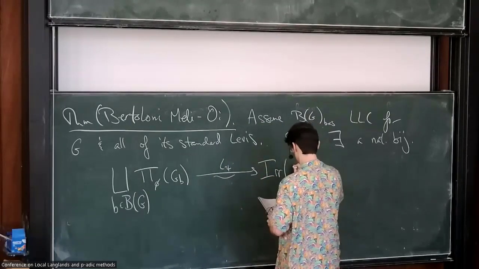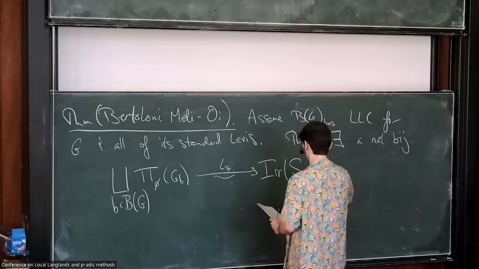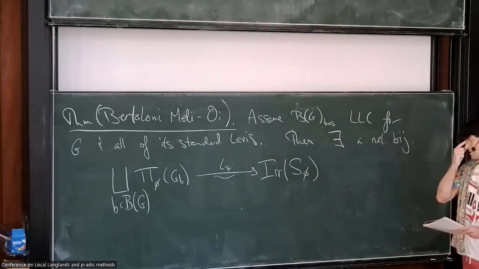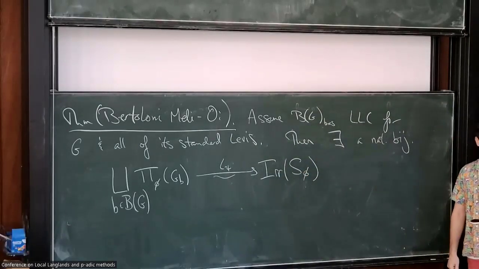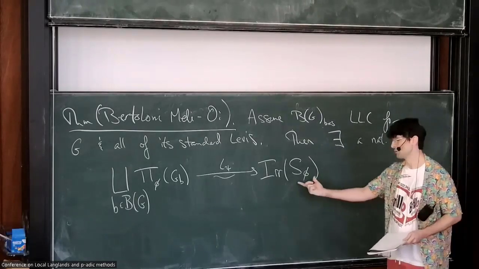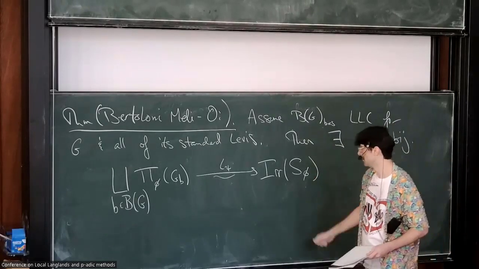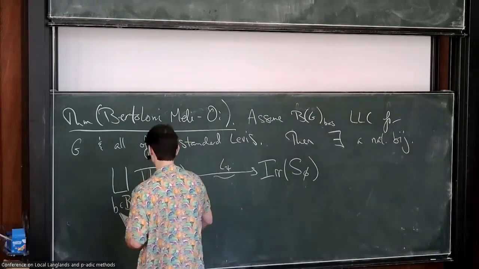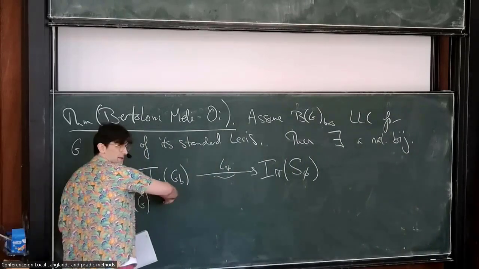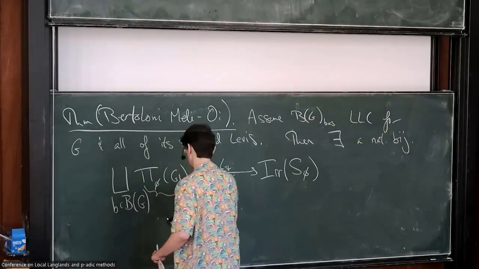I'll come back to this in a second. Towards the set of all algebraic representations of this component group S phi, full stop. No S phi overline or flat or natural or hat or twiddle or any extra decorations. And the price you pay is that if B is not basic, this is not an L packet. It's a union of L packets.